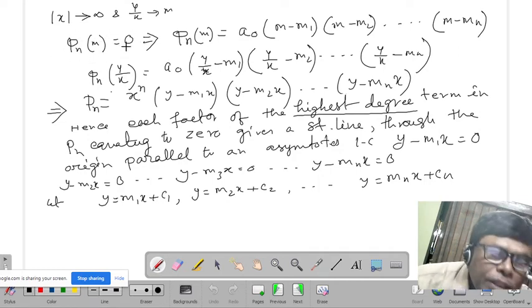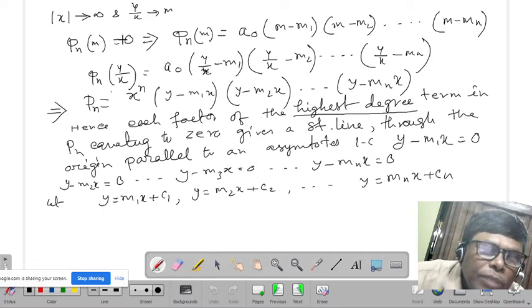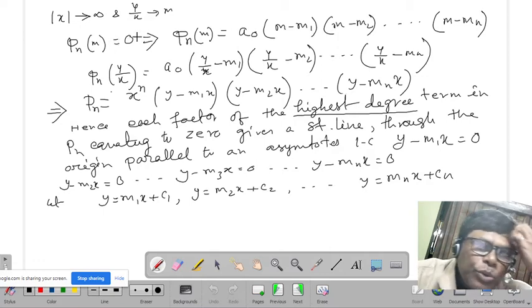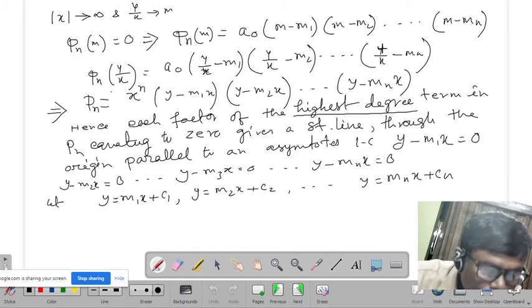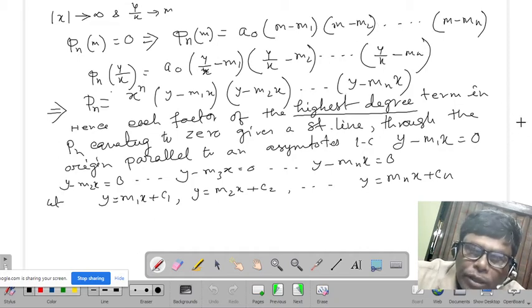So we shall apply this first: make the highest degree term 0, and from that equation replace y by x by m. So we are getting some equation involving m, and we will get m1, m2, m3, mn, and so on. Okay, so let me show an example in the next page. Go to the next page.